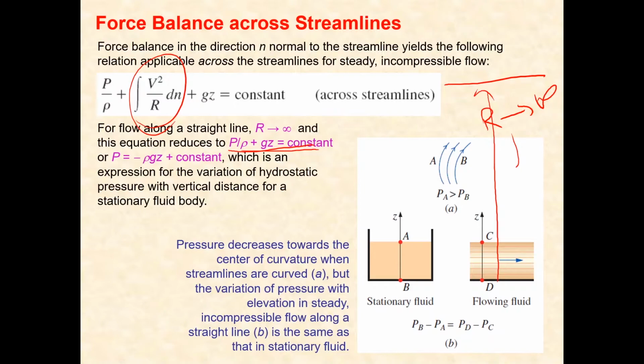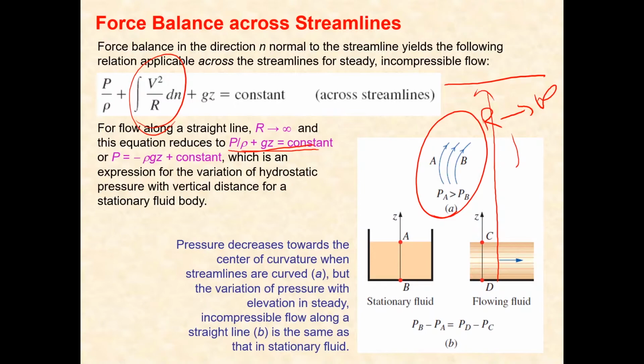In this figure we can see the relationship of the radius of curvature with the pressure at two points, point A and point B. A is at the outer curve, so we can expect that the radius of curvature for A is higher.